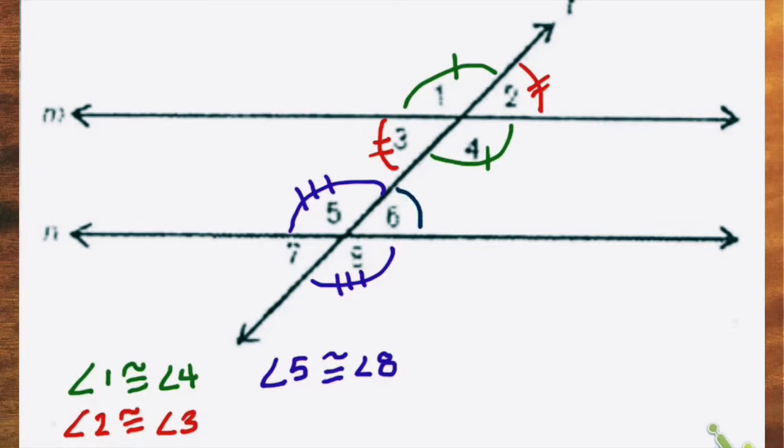And angle 6 is a vertical angle pair, or congruent, to angle 7. So those are your pairs of vertical angles created by parallel lines and a transversal.